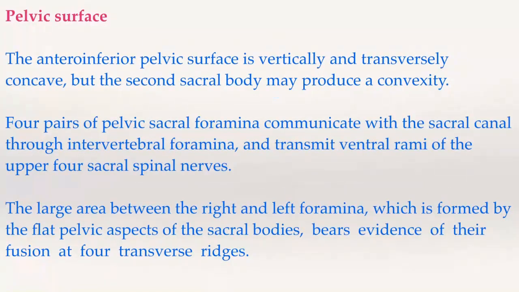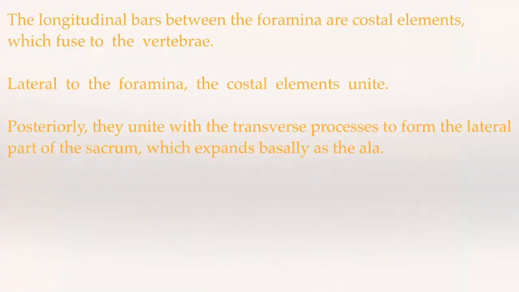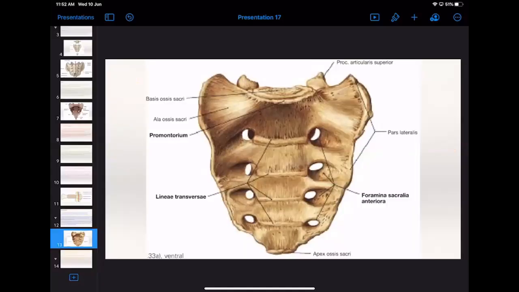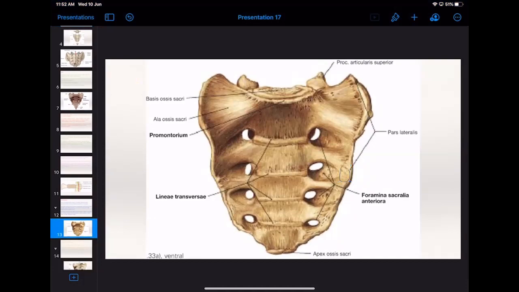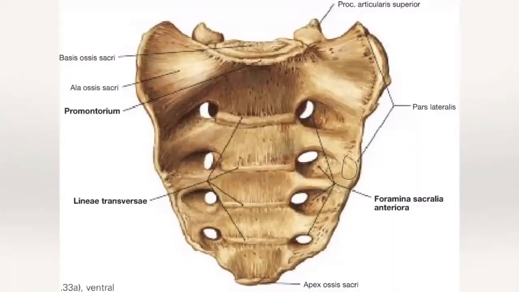Okay, we have already covered this. The longitudinal bars between the foramina are costal elements. The bars are costal elements which fuse to the vertebra. Lateral to the foramina, the costal elements unite. Okay, I'll show you. You see, lateral to the foramina, the costal elements unite, right?